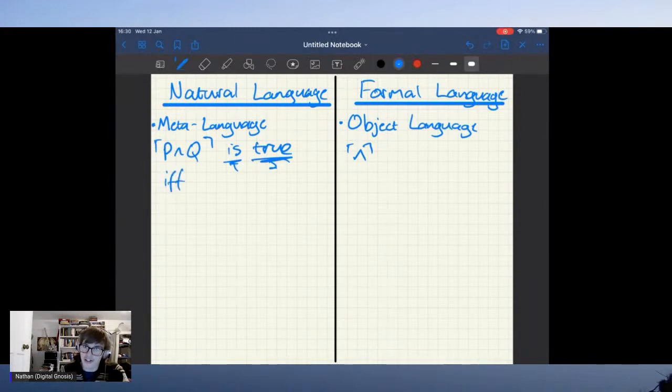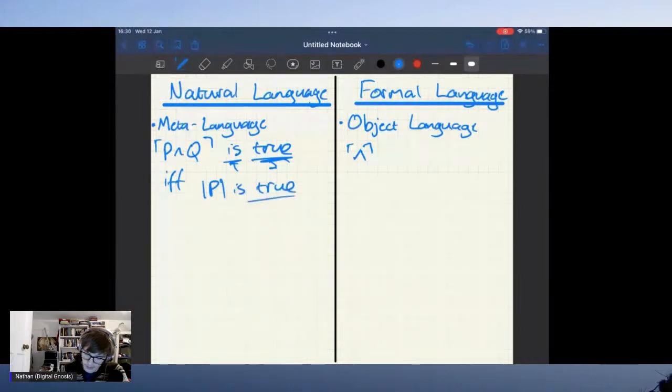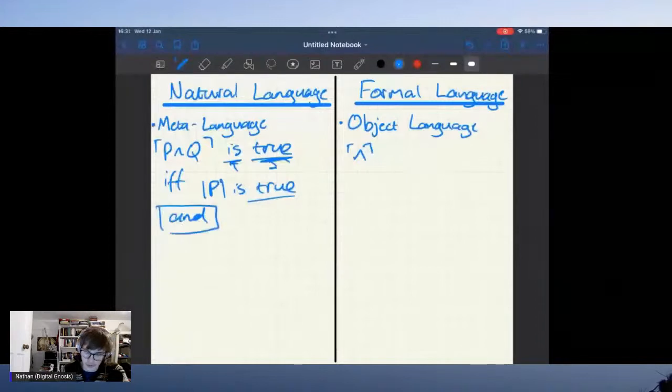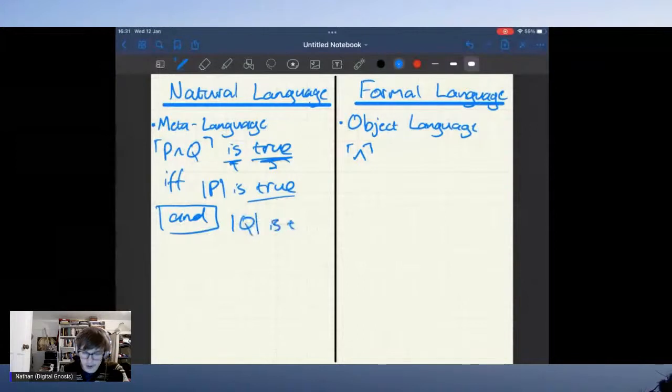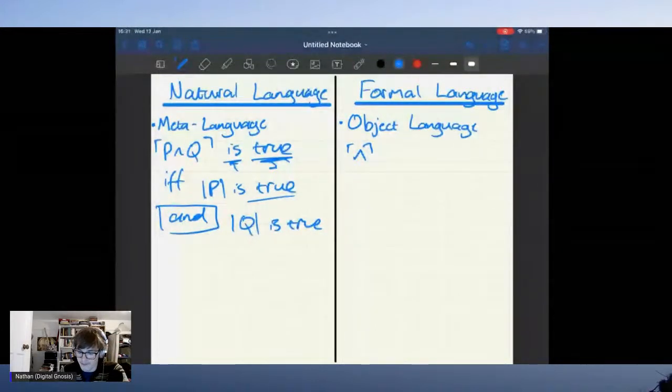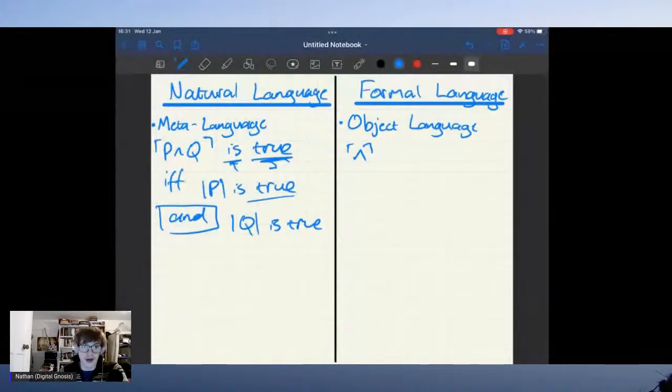I mean, that's an abbreviation that you probably only come across as philosopher speak. But then we might say P is true, and look at that, we've captured our natural language, and Q is true.